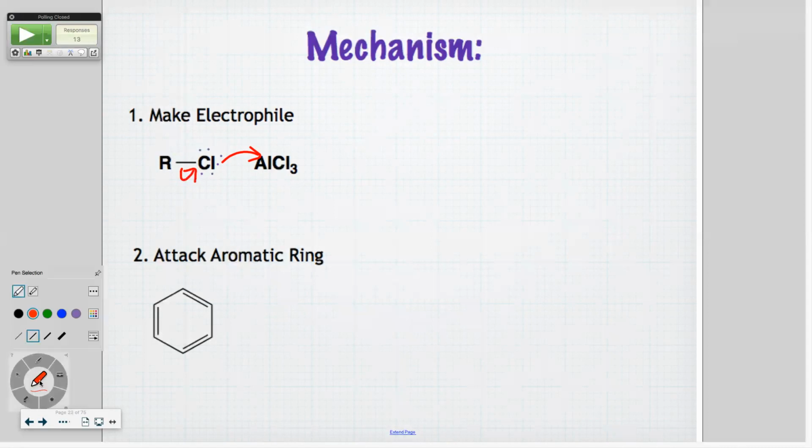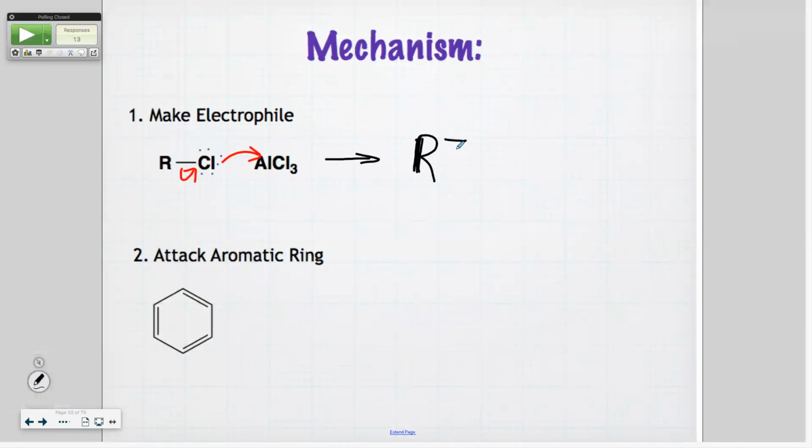So you're going to get a carbocation, and the AlCl4 minus is your counter ion, which is kind of weird, I think.